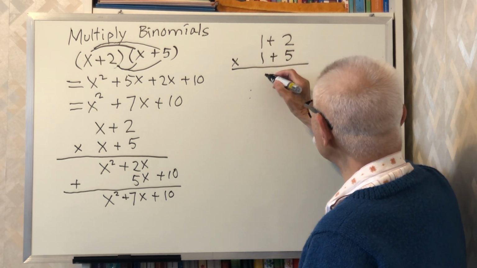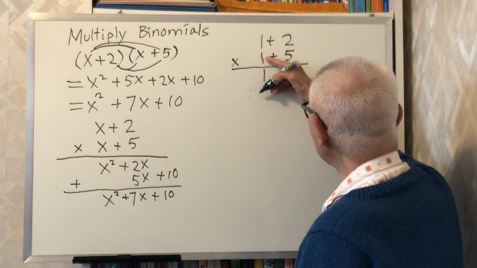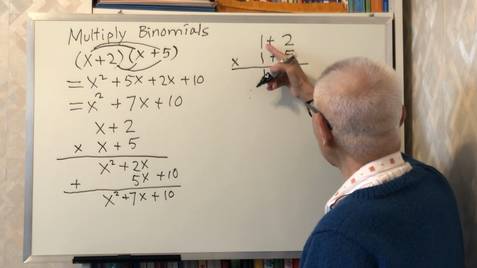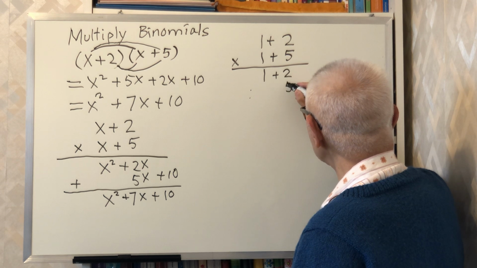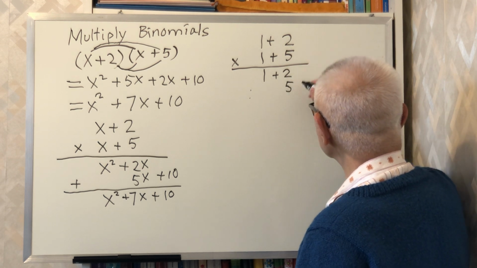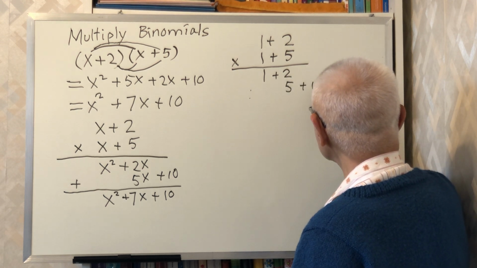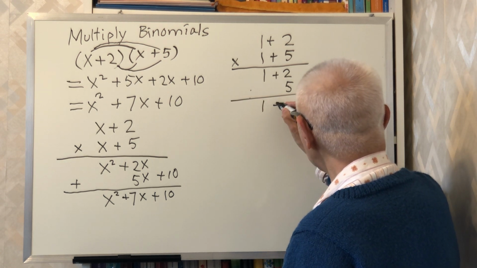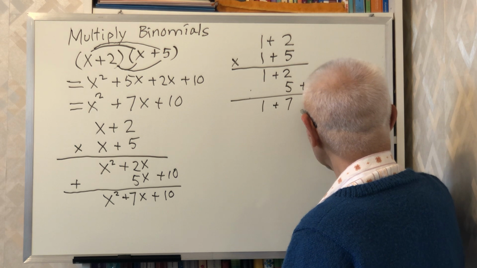One times 1 is 1. 1 times 2 is 2. 5 times 1 is 5. 5 times 2 is 10. I have 1 plus 7 plus 10.